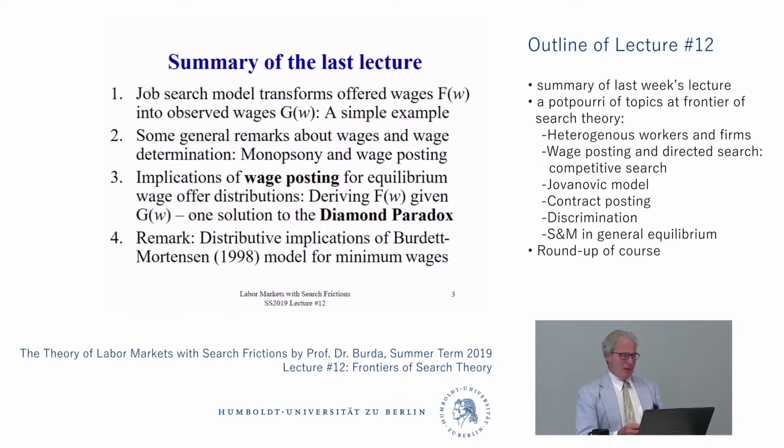If you think about it hard, what does that imply for a minimum wage? What would a minimum wage do in that model? Suppose the government says the minimum wage is higher than b. I'm not even going to derive it, just think about what it would imply. No worker would accept a wage less than the minimum wage, because if it's legally binding, there's no way to get around it.